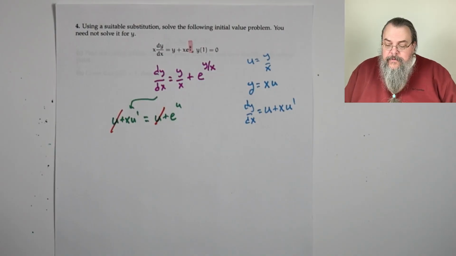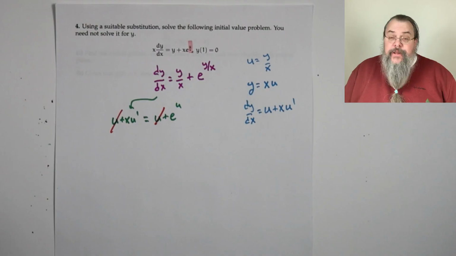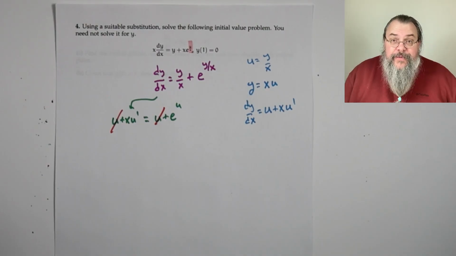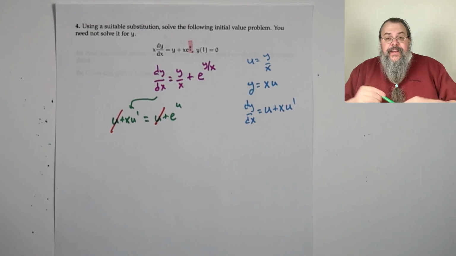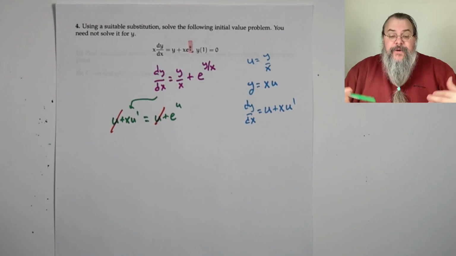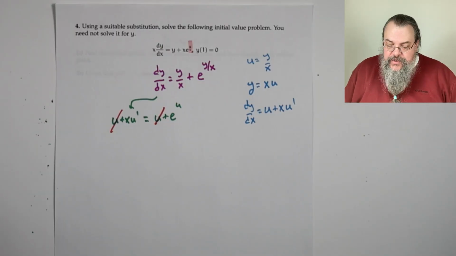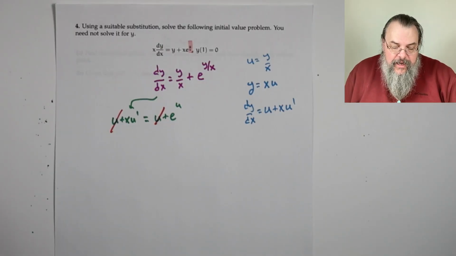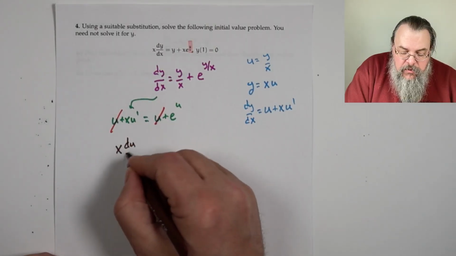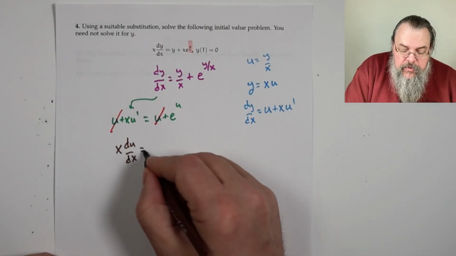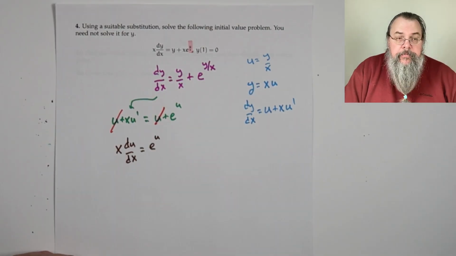And we say, what do we have? It looks separable. It will always be separable. When you do a homogeneous equation with the substitution y over x, if it's possible, it will always turn into a separable differential equation. Okay, so let's write that in the separable form. So we have x du over dx is equal to e to the u.